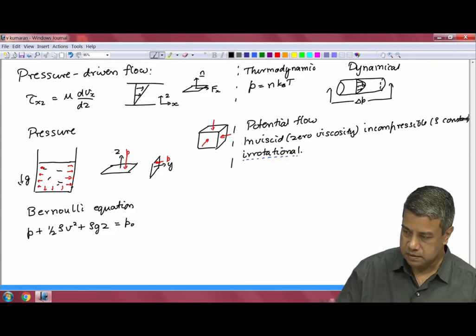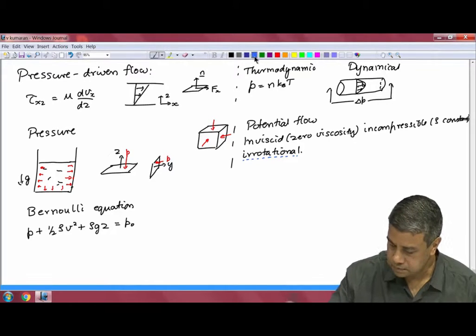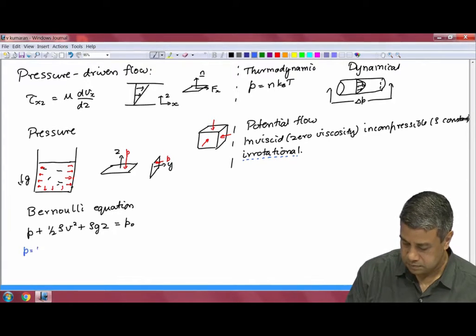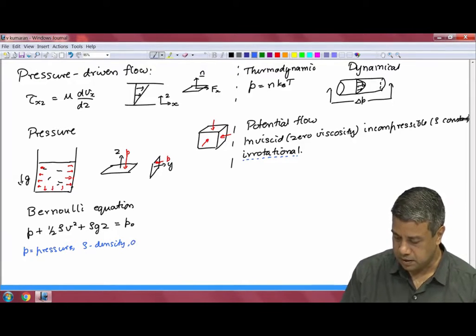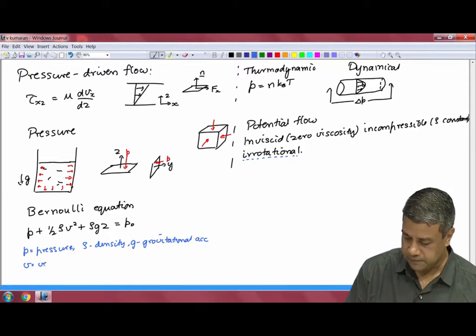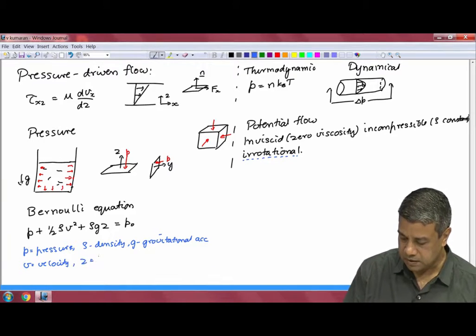P is the pressure, rho is the density, and g is gravitational acceleration. V is the velocity, and Z is equal to the height.